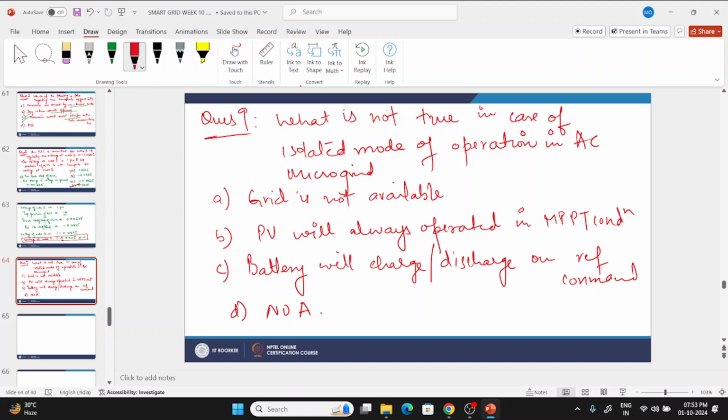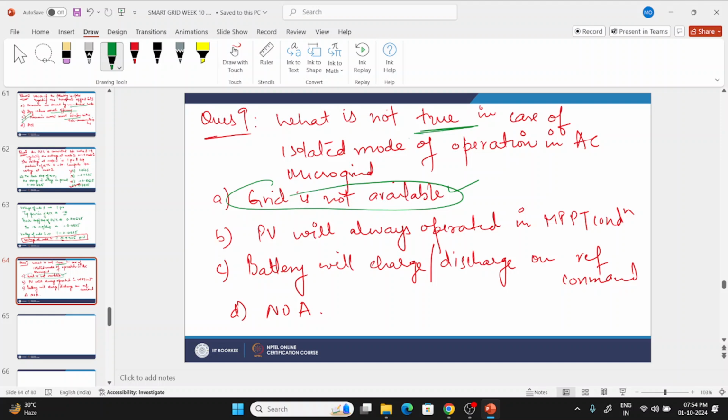ओके, तो इसमें आपको ये बताना है कि which of the following is not true regarding the isolated mode of operation in the AC micro. Isolated में मतलब क्या हुआ? Grid is not there. So basically पहला ऑप्शन तो गलत ही हो गया.